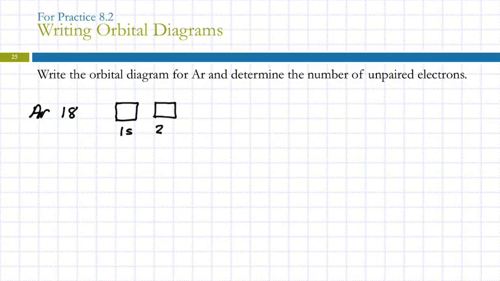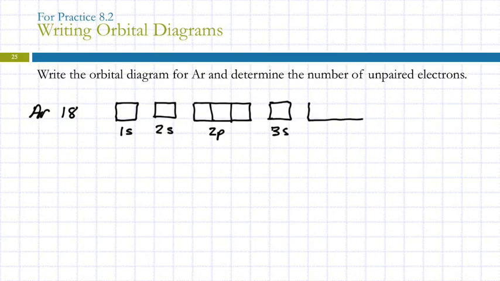On the second floor, I've got an s room. I also have a p room that has 3 beds. They're all in the same room, so I'm going to draw those boxes close together. And then that's the end of the second floor, so up to the third floor. And after the s room, there's another p room. And we could go on, but maybe we don't need to, so let's see if that's far enough.